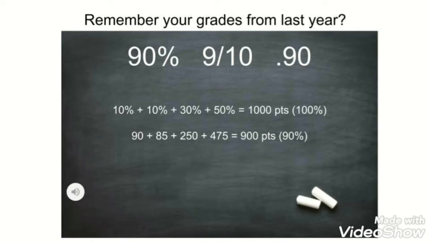And all I did was say, okay, let's say you got a 95. You got a 95 out of 100. The teacher took that 100 and said, okay, I'm going to count this 5 times because this is a total of 500 points that's possible.